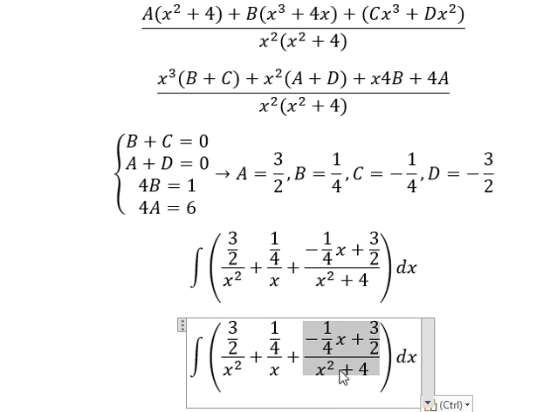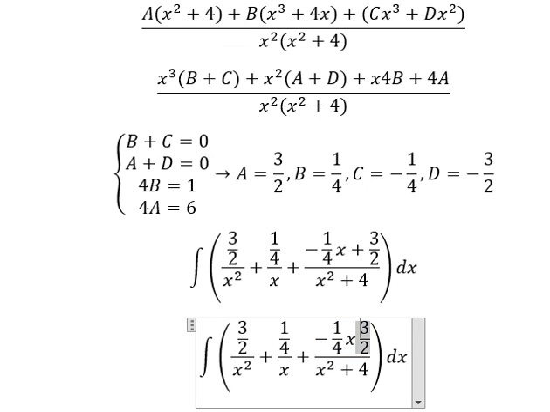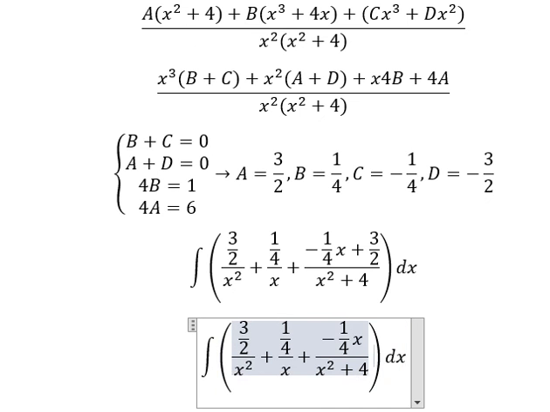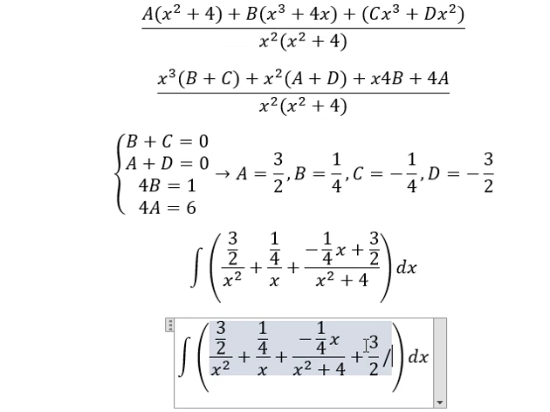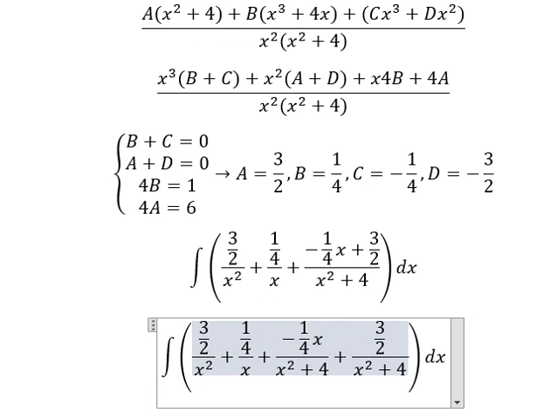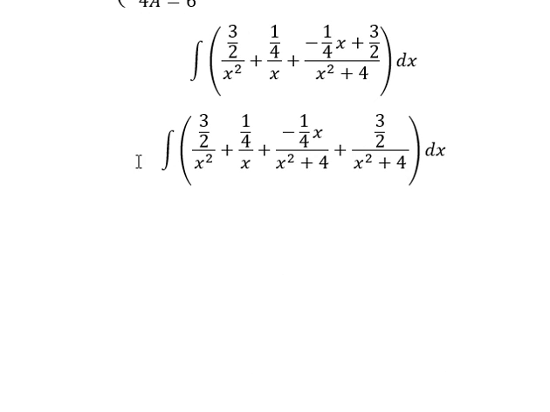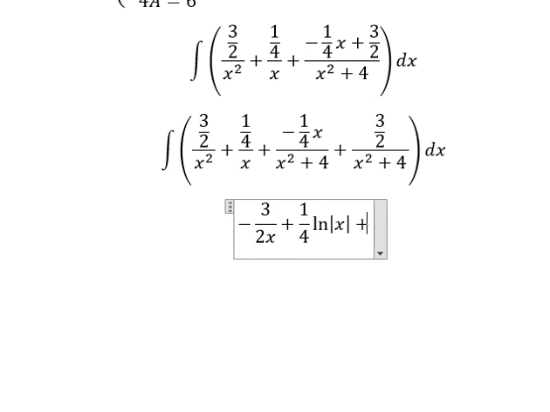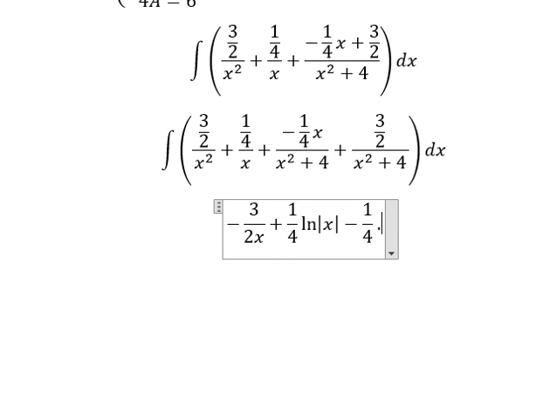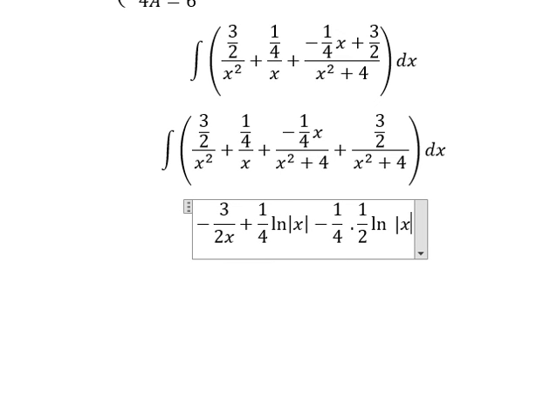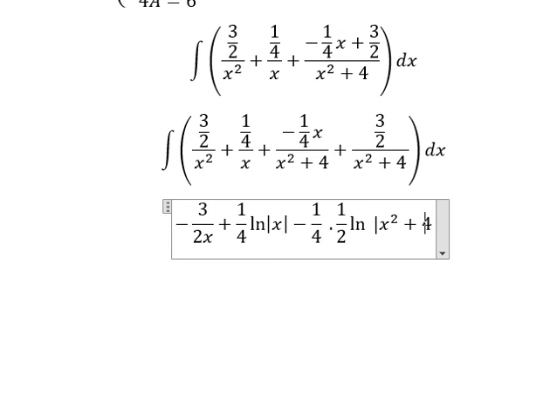About this one, we can separate them in here. The integration of this one, we have negative 3 over 2, and we have S. The integration of this one, we have 1 over 4 ln of the absolute value of S. The integration of this one, we have 1 over 2 ln of the absolute value of S squared plus 4.